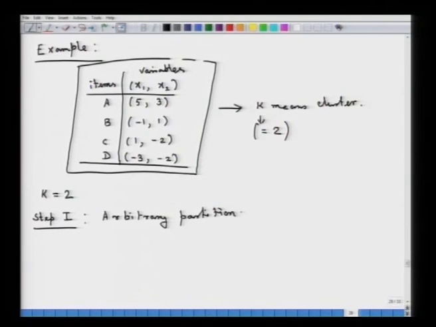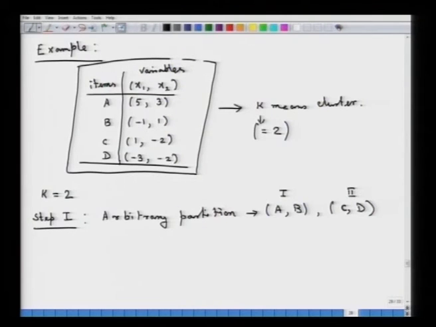We need 2 elements in the partition. Say we take one partition to be AB and the other partition to be CD. So, we randomly put A and B in one cluster, C and D in the second cluster. This corresponds to the first cluster, and this corresponds to the second cluster.